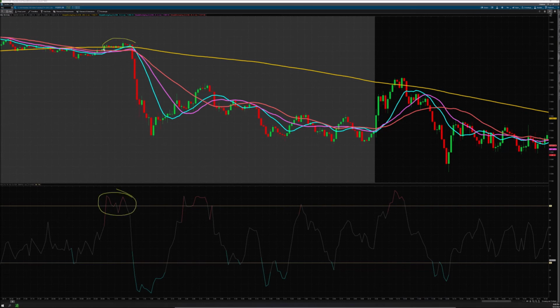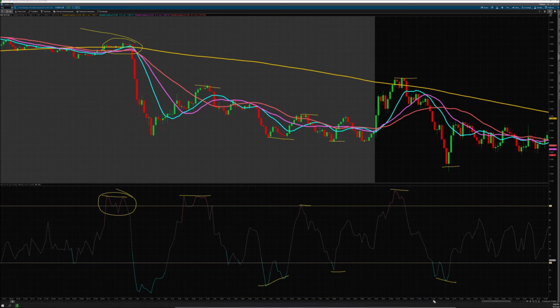The market tells you: overbought there, overbought there, oversold. They bounce there again, oversold, oversold here, overbought, overbought, overbought there, oversold. There's a dip there.